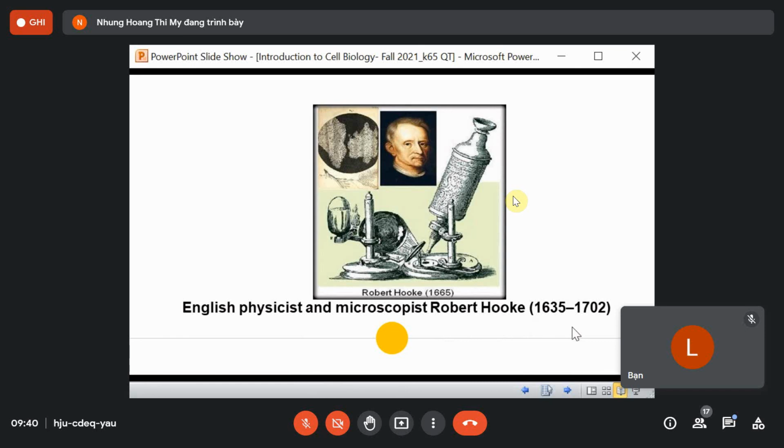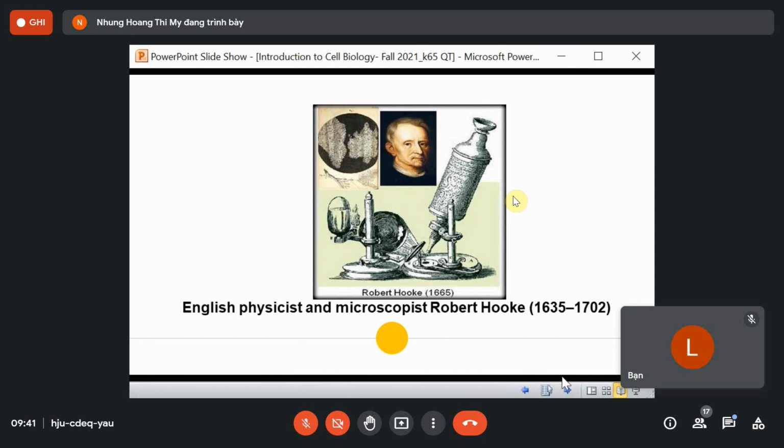Because, in fact, it's not actually the cell. It is a cell wall, because it comes from the plant cell. I think you already know that plant cells have a cell wall surrounding them. So what he saw was, in fact, just the cell wall. It's not the actual cell, right? It's not the living cell.